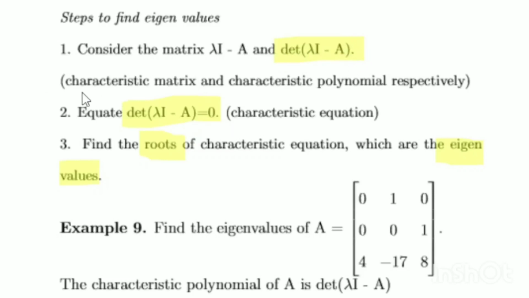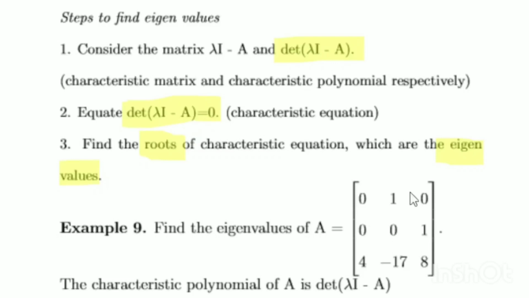You will get the characteristic equation. Then find the roots of this characteristic equation, which give you the eigenvalues. Example: find the eigenvalues of the given 3 by 3 matrix A, with rows [0, 1, 0], [0, 0, 1], [4, -17, 8].